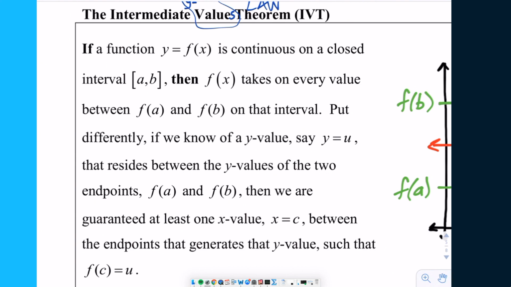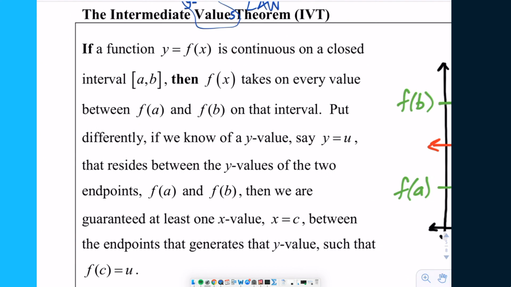So let's paraphrase that. f of a could be here, and f of b could be here. One could be higher than the other, or they could be the same height. We don't know. But basically, if we have one that starts at this y value, and the other one ends over here at this y value, if we go from this y value to this y value through a continuum, guess what we must pass through along the way?